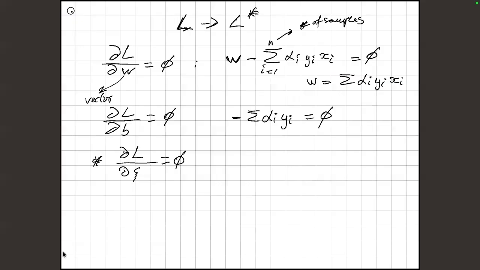And with C you can force the model to be stricter. And at this point, when you take this derivative, it will result in a constraint on alpha, which should be between 0 and C. So this constraint actually regulates which samples to take into account when building a model.